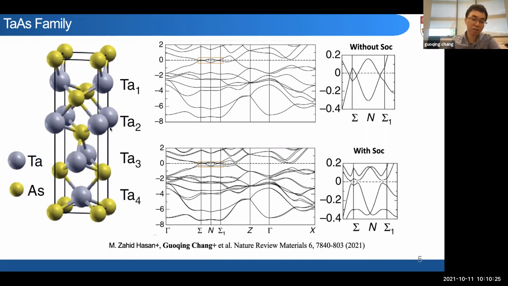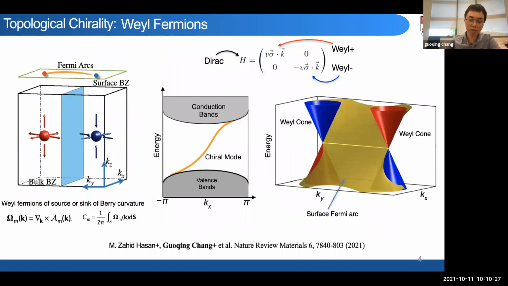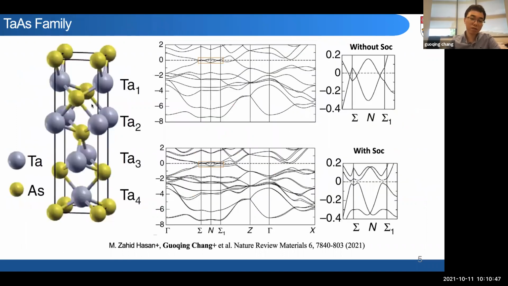To make the two Weyl fermions separate here, because in this equation these two Weyl fermions are still spin degenerate, at one point it's like a Dirac fermion. So to make them separate in energy in momentum space, we need to break the spin degeneracy, which requires us to either break the inversion symmetry or time reversal symmetry. So this TaAs family actually is an example where we break the inversion symmetry of the crystal.